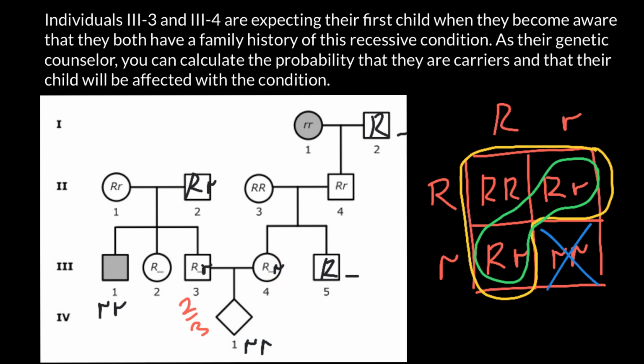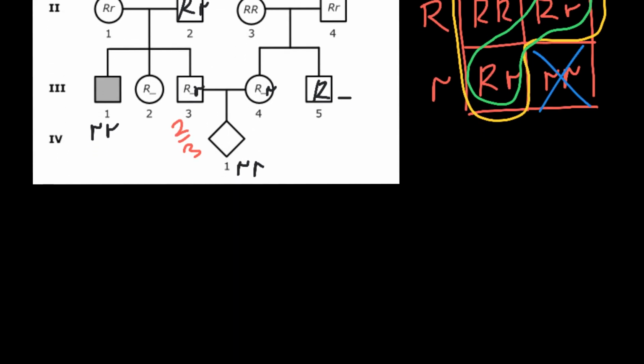Let's do another Punnett square. We know that the father is heterozygous, so capital R and small r. So father's genotype here on the top. So this is the father's side and this is the mother's side.